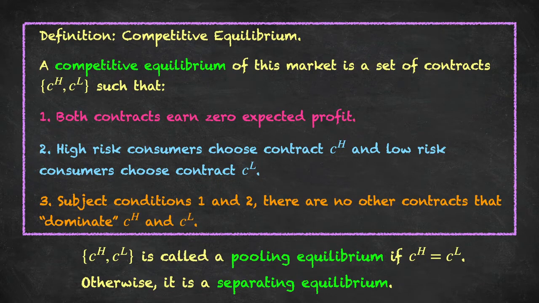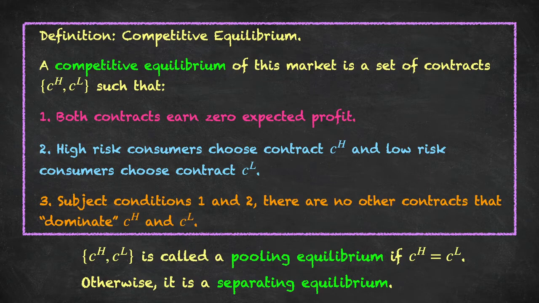So you can interpret condition 3 in two ways. The first saying that, well, of all of the zero expected profit contracts these consumers are offered, they're offered their most preferred. And the second is that if there is another contract that could make profit, then these consumers must think it is worse than what they are being offered.